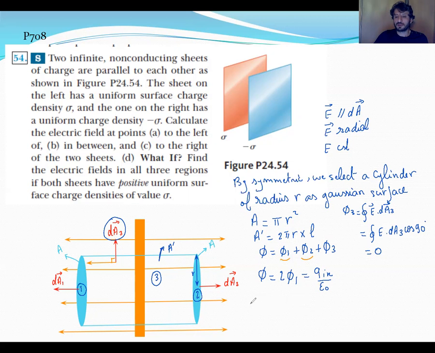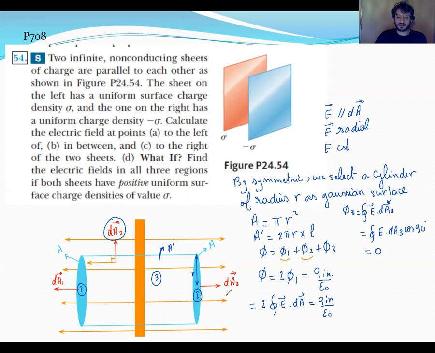Here the total flux equals 2 times flux 1, which equals the integral of E dA, equals Qn divided by epsilon.